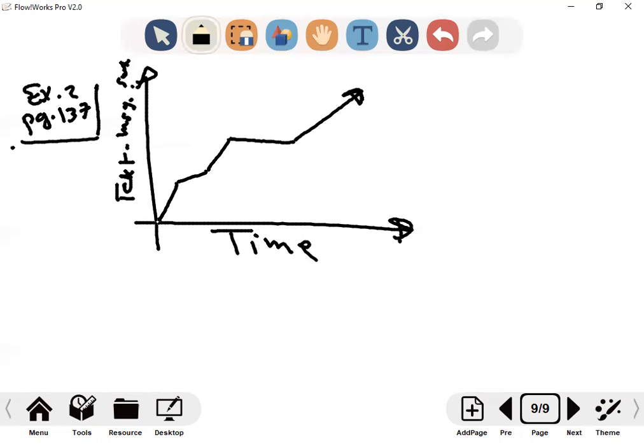Time increases and the number of text messages sent also increases. Meaning when the time moves, look at your curve, it's increasing, right?